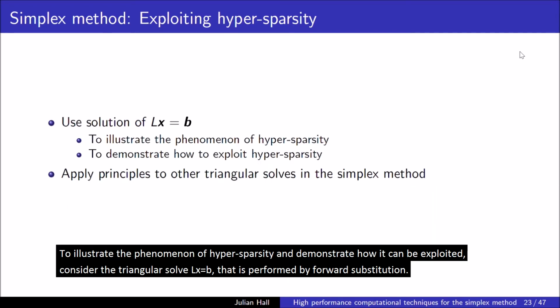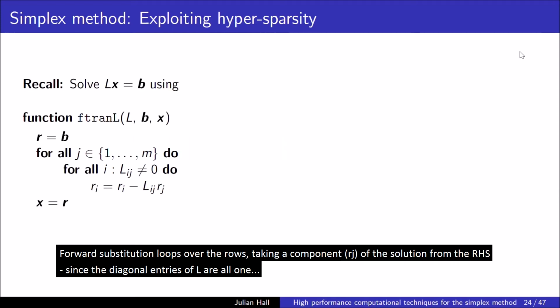To illustrate the phenomenon of hypersparsity and demonstrate how it can be exploited, consider the triangular solve Lx equals b that is performed by forward substitution.